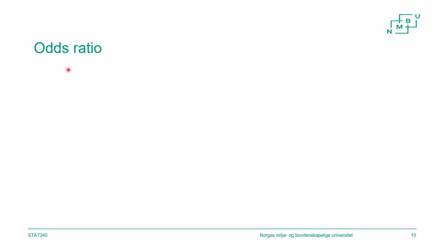Let's turn to this concept here, odds ratio, because this is important. In a linear model, when we fitted a model, we were always interested in the slopes, right? For a single x variable, it's beta 1. But if you have many x variables, there are many corresponding betas. So we are interested in the slopes. How much does the line or the plane, if you are in higher dimensions, tilt in that direction?